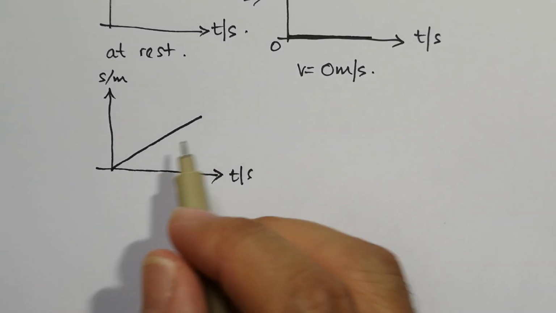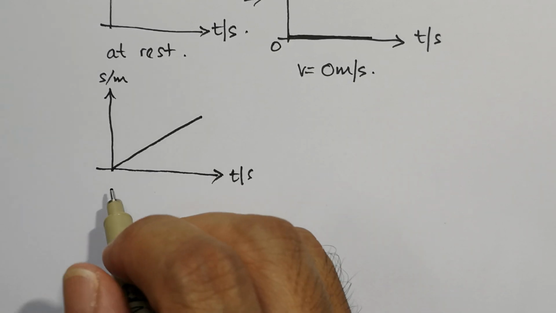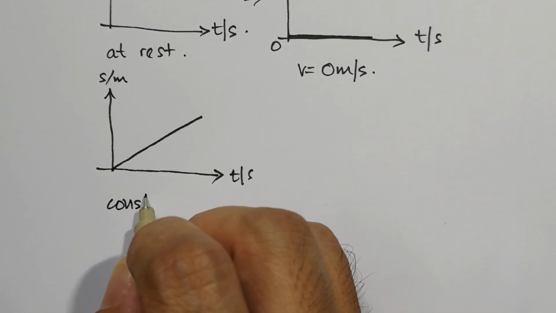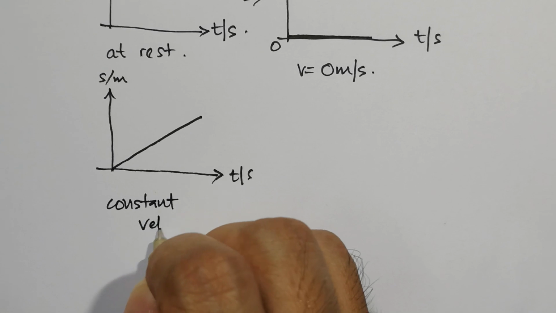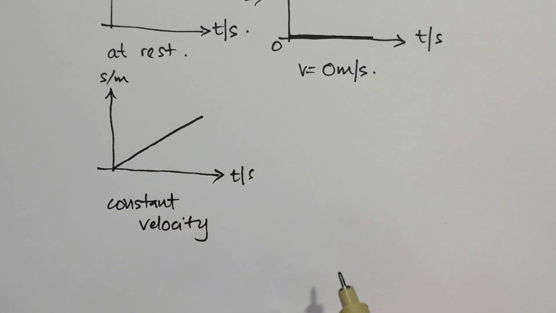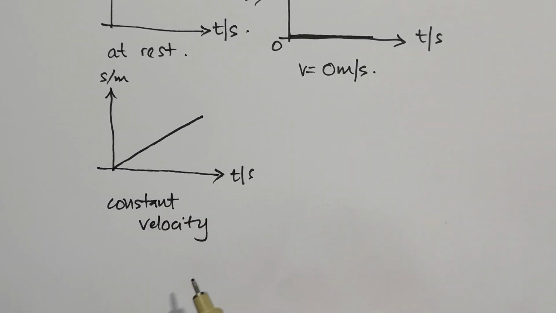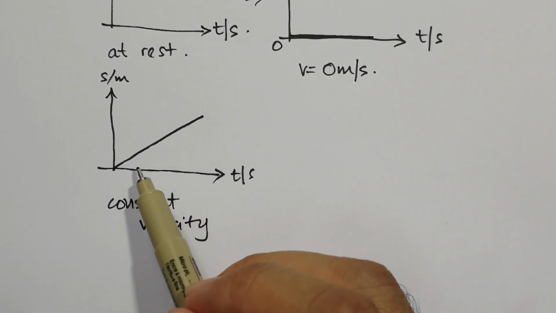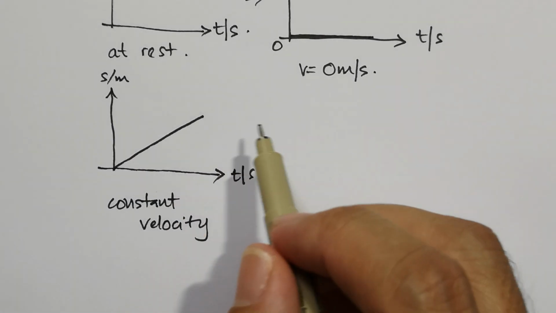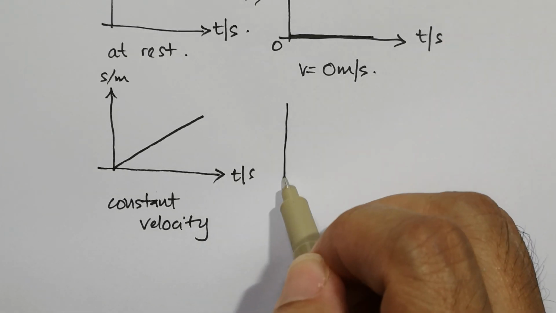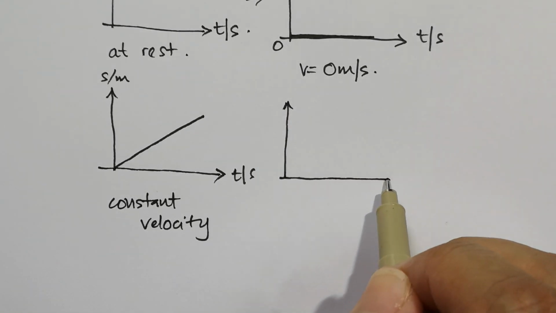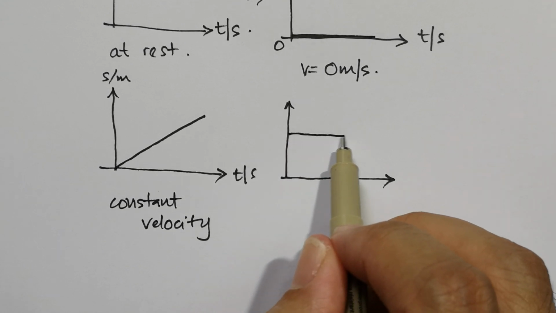In our discussion, this motion is known as constant velocity, which means that the vehicle or the particle is moving with a constant speed, or a constant velocity if you're talking about vectors. So how does this translate? It goes straight line.